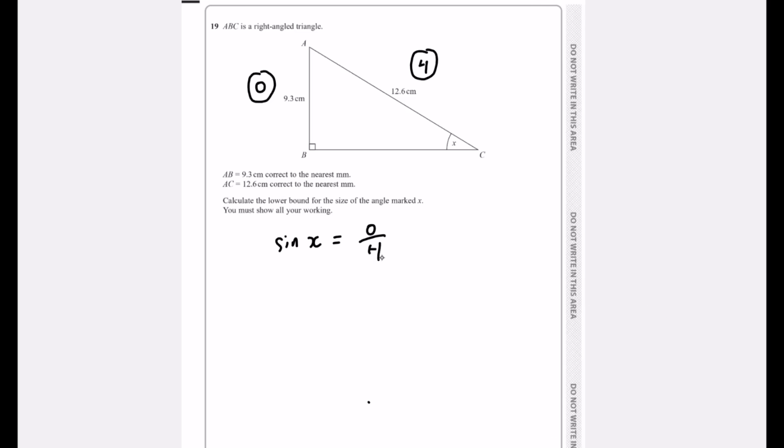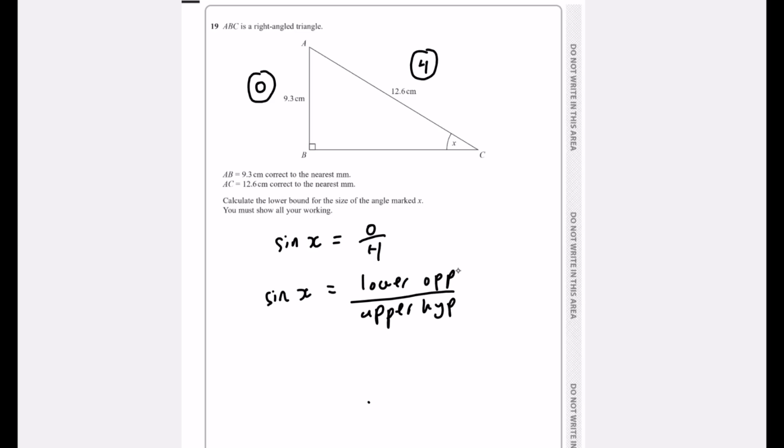So I want the smallest possible fraction. So I want the lower opposite divided by the upper hypotenuse. To get the smallest possible number, we want to divide by a bigger number.